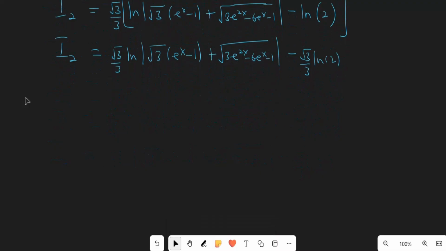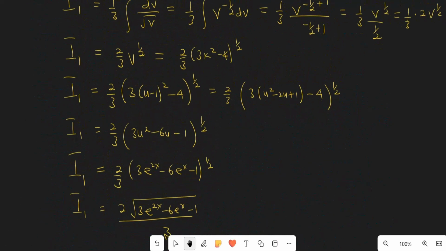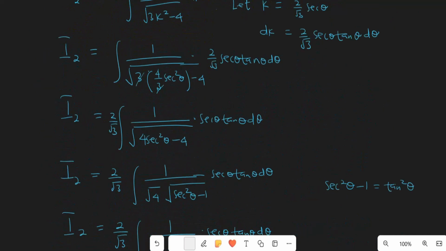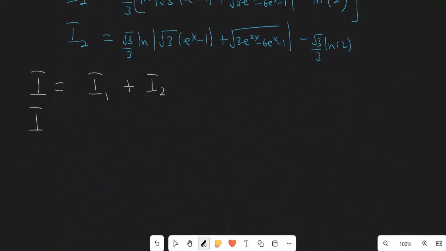So this is the value of I2 in terms of x. And now we can wrap up our integral. I is the same as I1 plus I2, right? So when we go back, this is I1, 2 over 3 multiplied by this guy, as in the yellow pen. So I is equal to 2 times the square root of 3 e to the 2x minus 6 e to the x minus 1 all over 3 plus I2, and this is I2.